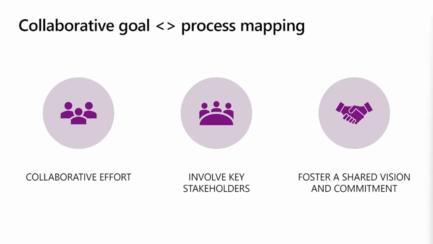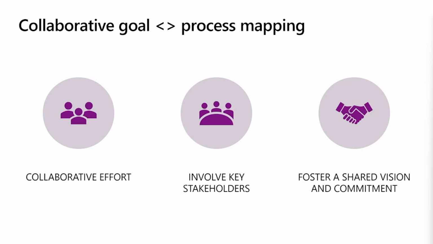Here again, we're going to talk a little bit about the collaborative goal and process mapping process. I cannot stress enough that this needs to be a collaborative effort to map the goals to the business processes. You'll need to involve key stakeholders to ensure a comprehensive and accurate mapping.